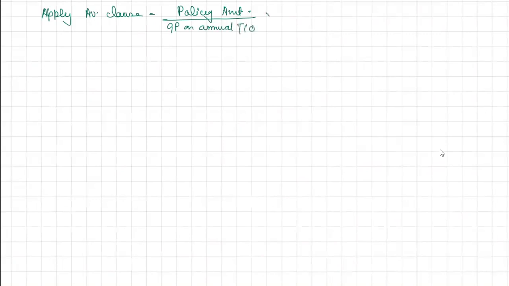That will also work. क्या करते थे हम? Policy amount by GP on annual turnover into gross claim.